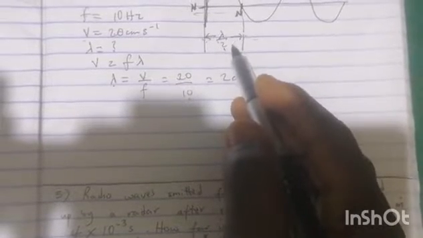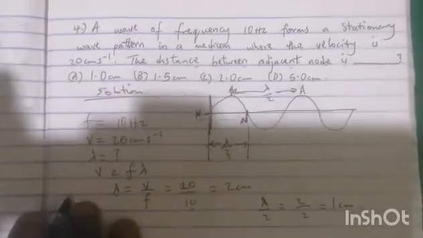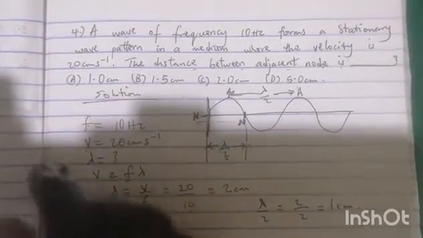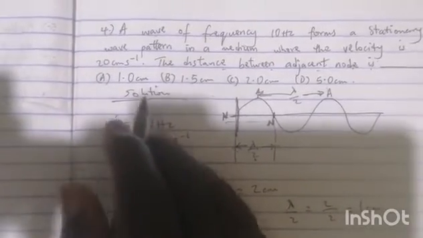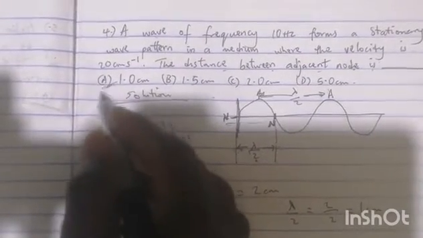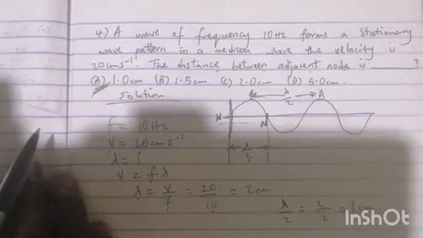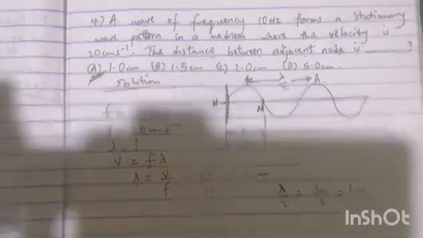Now the distance between adjacent nodes, which is half the wavelength, is 2 over 2, which gives 1 centimeter. Checking the options, the correct option is A, 1 centimeter. That is the answer to question number 4.